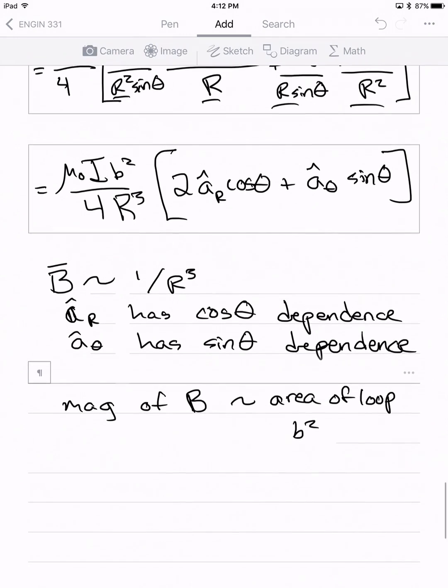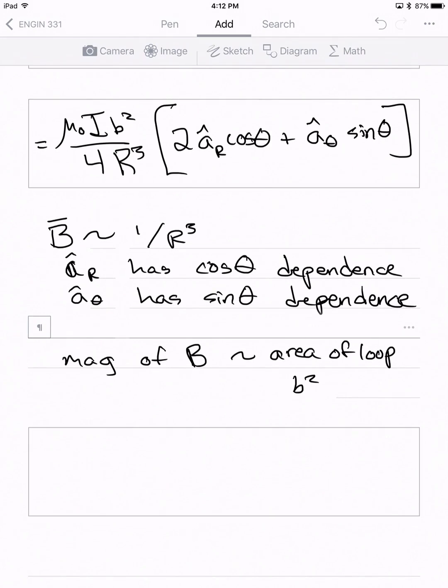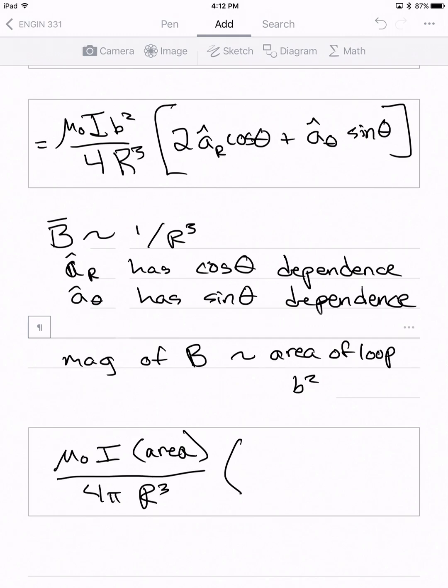In fact, you could write this equation, if you were going to write it again, as mu naught I times area divided by 4 pi r cubed times 2 a hat r cosine theta plus a hat theta sine theta.